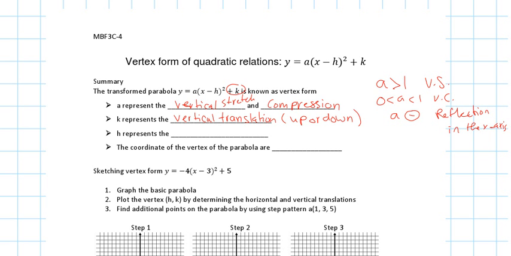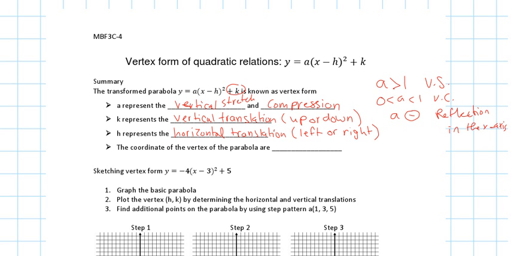And we have H. H represents your horizontal translation, left or right. H is a little tricky. Remember that H is whatever you see in the bracket, it's opposite to what you see.